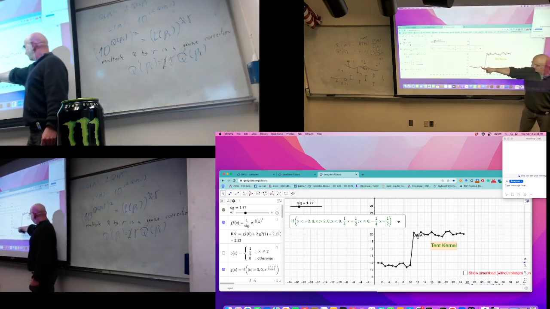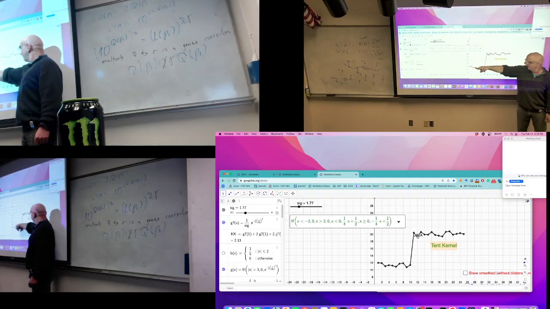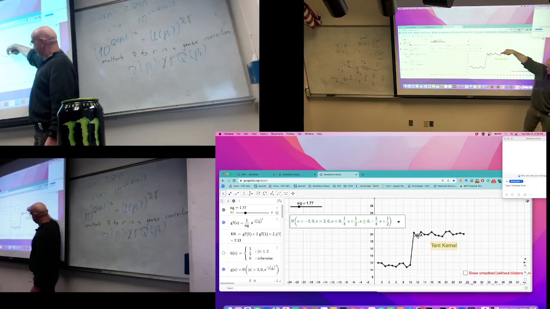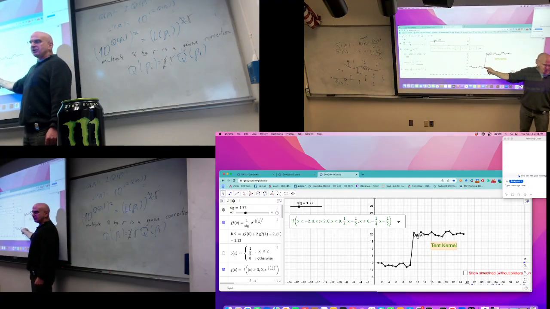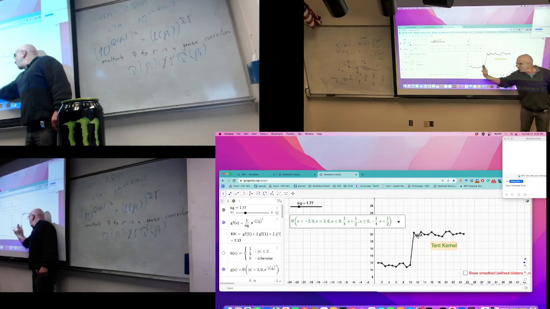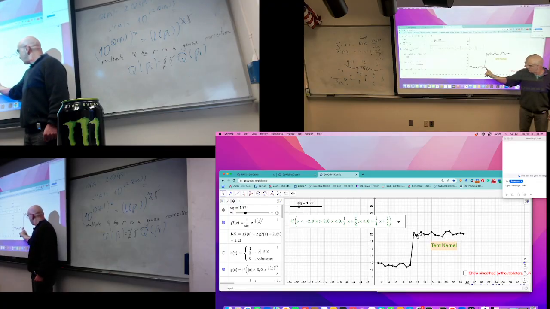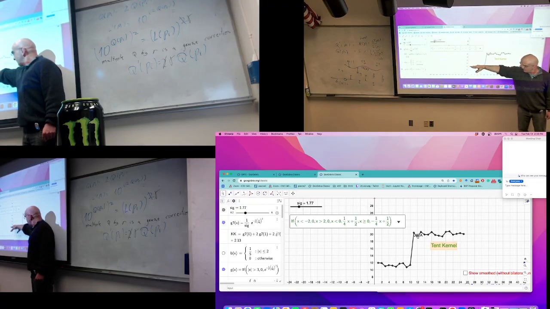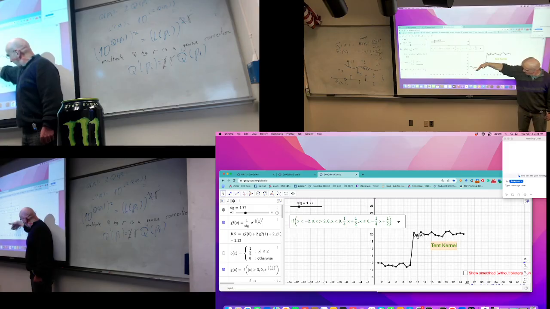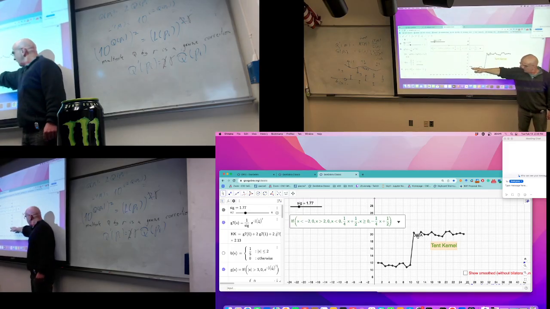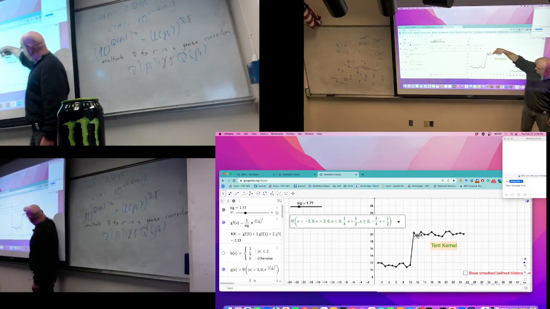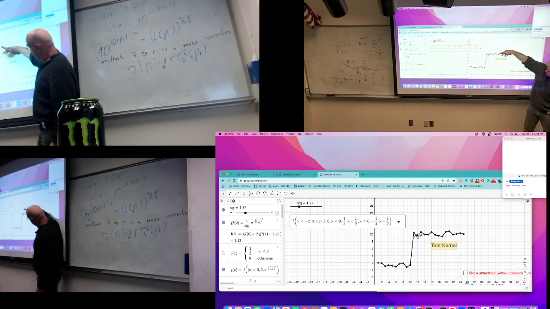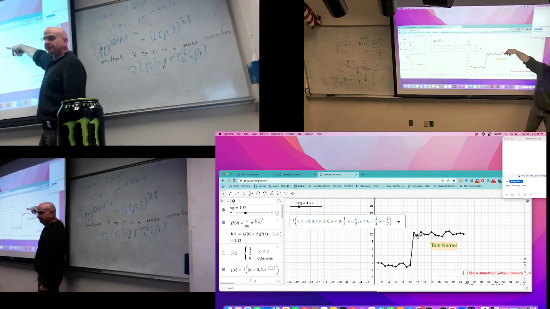A set of points all around 12, a set of points all around 20, and a very sharp edge between them. Up to x equal 10, I'm in the first region. For x equal 11 and north of it, I'm definitely in the 20 region, between 18 and 20.